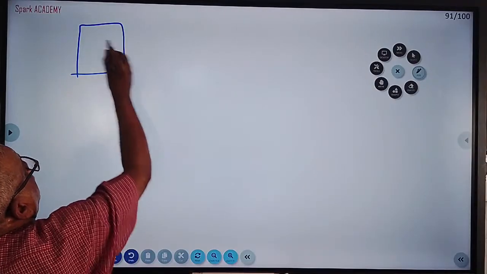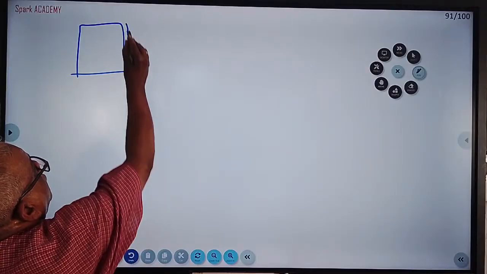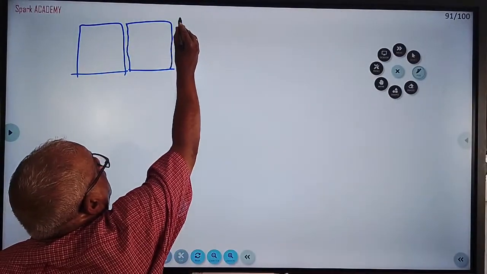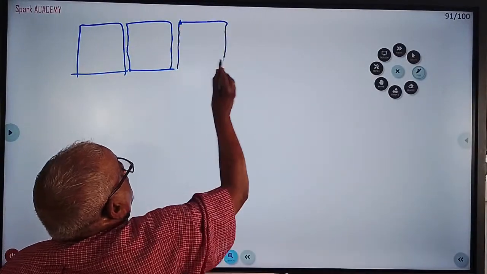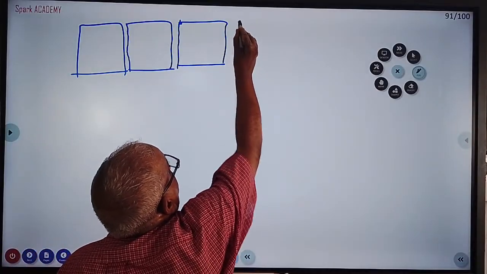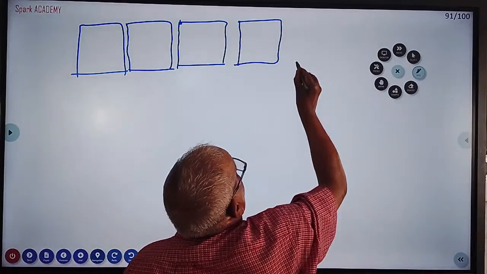Black strip, roughly I will draw. Again one more very closely, like this. Little by little you are increasing the spacing, like this. Still the spacing is increased.